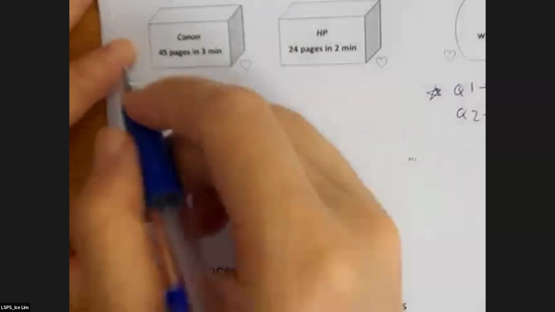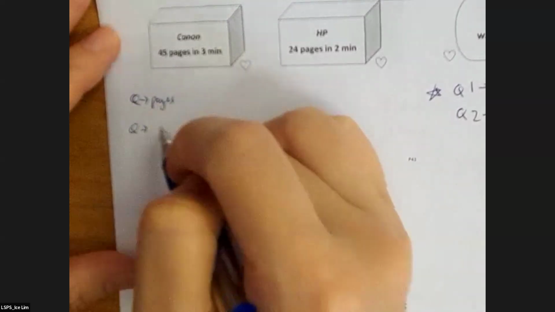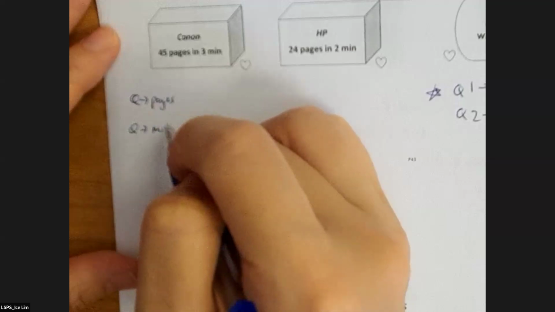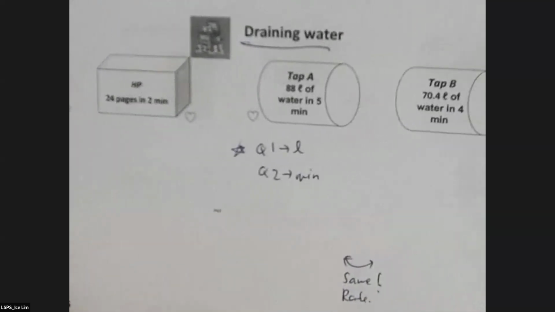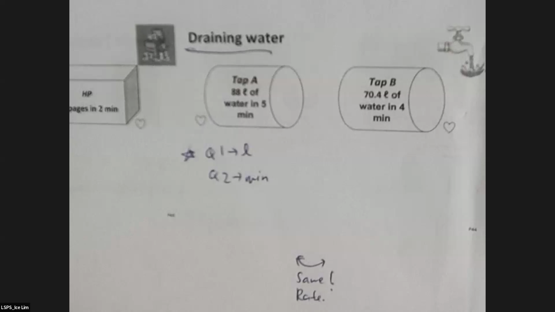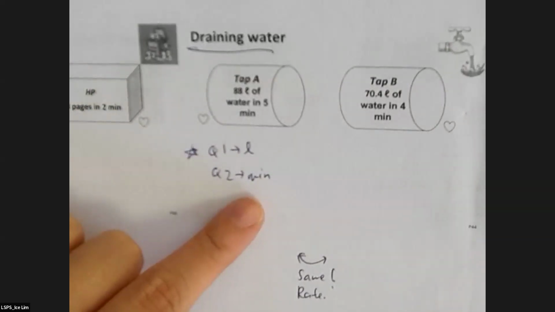For the photocopier, the first quantity is pages. The second quantity, time in minutes. And the last one we said, for the draining water, is liters and minutes.